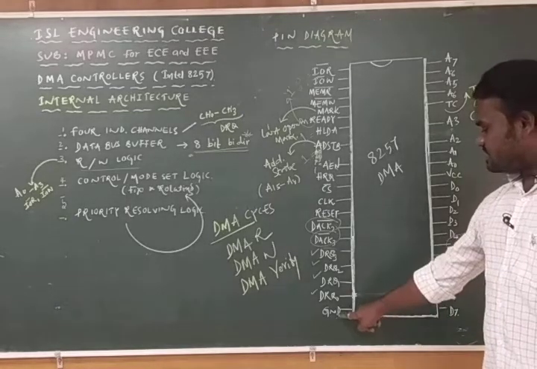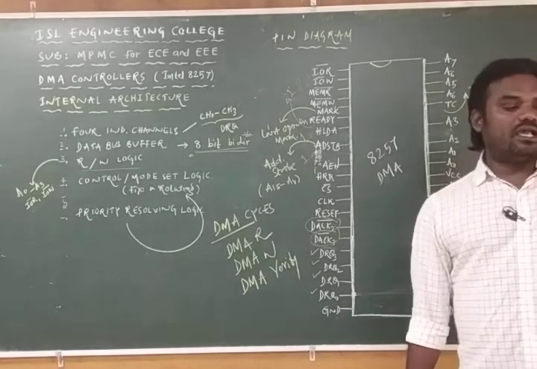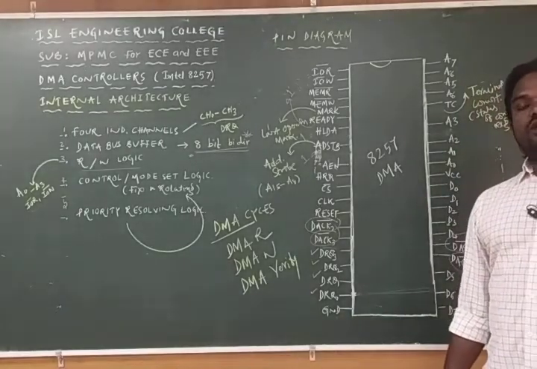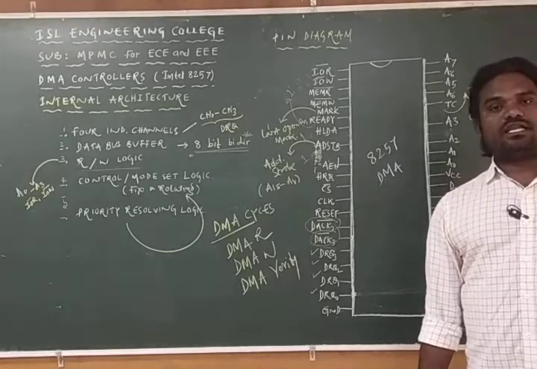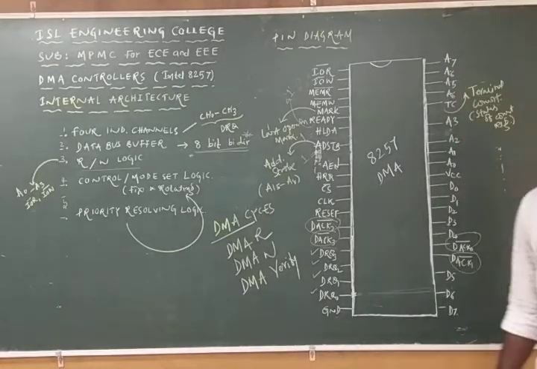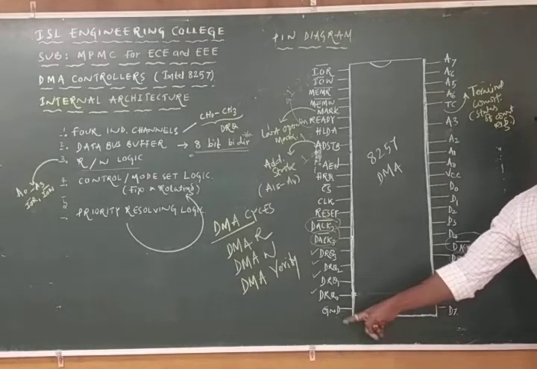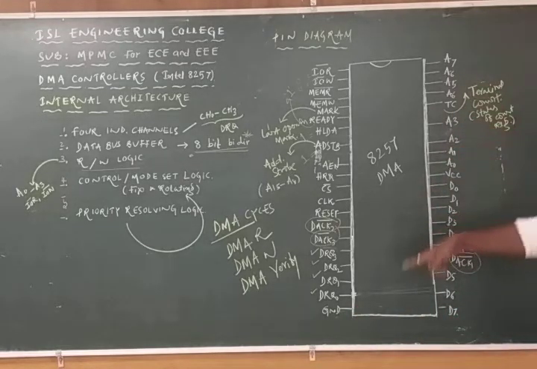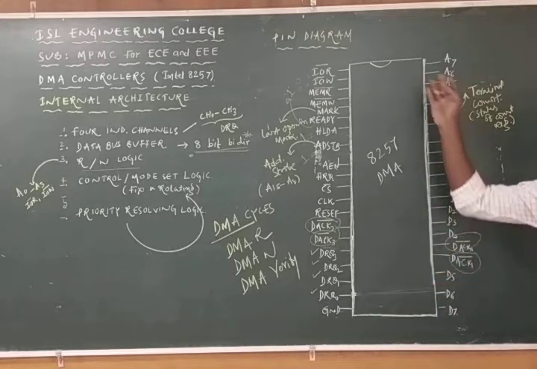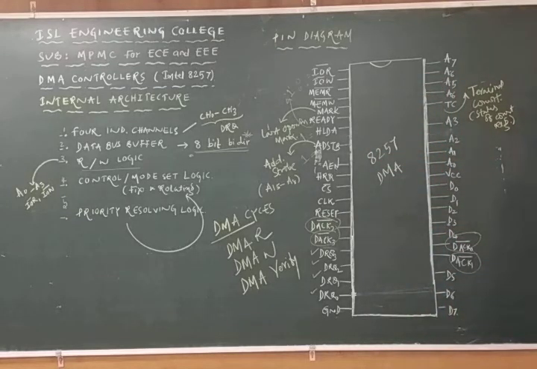Coming to the ground: in an electronic circuit, all the negatives must be connected to the ground. To make all the negatives grounded, we have to go with the ground pin, which is the 20th pin, and all these pins are on the left side of the integrated circuit.